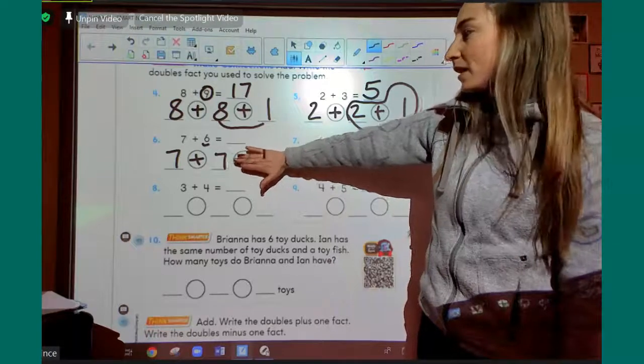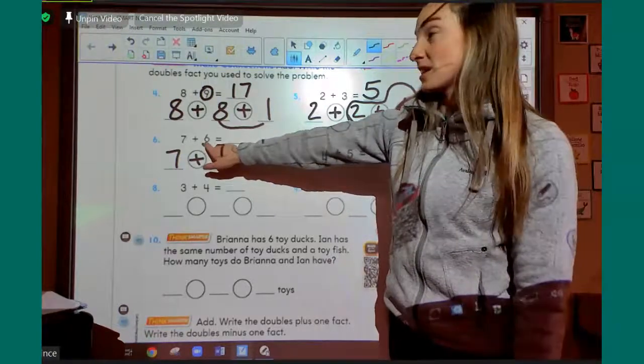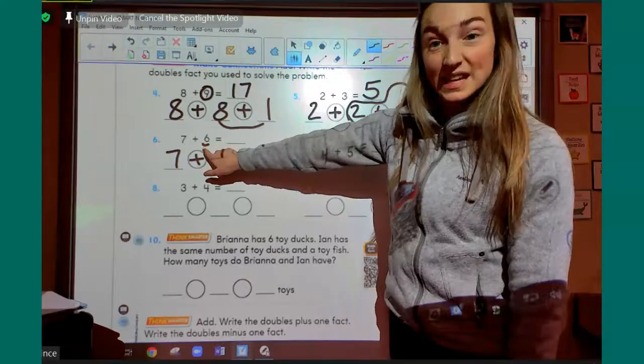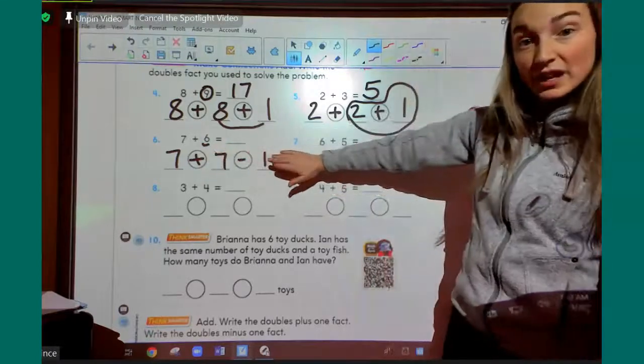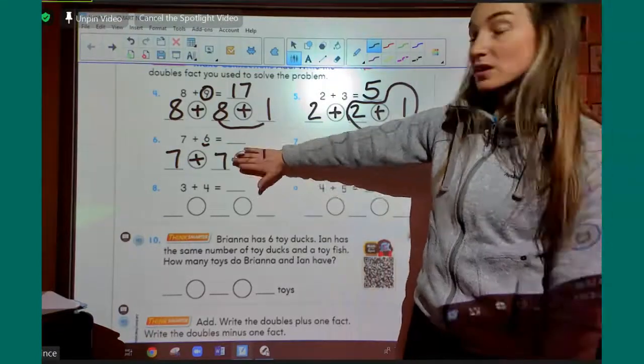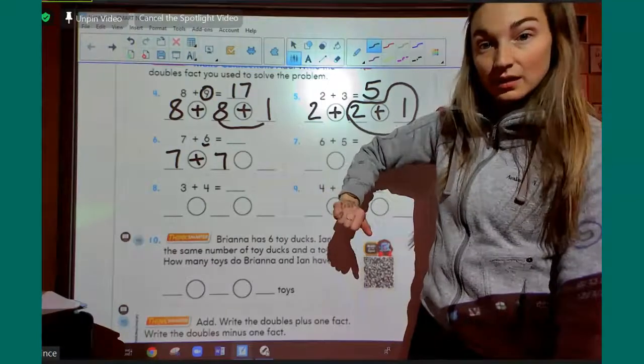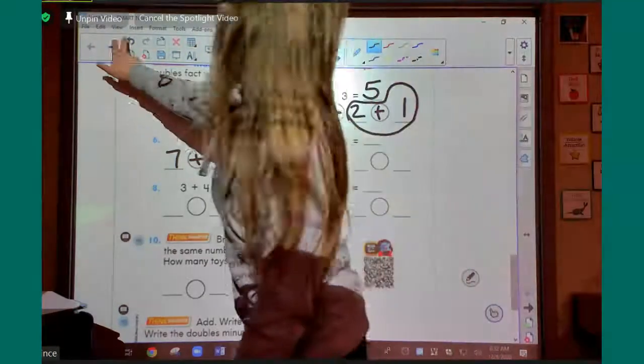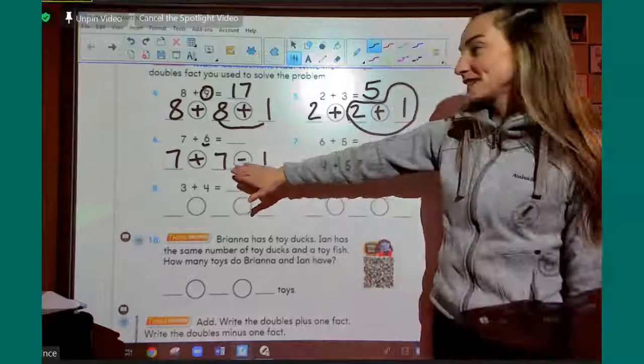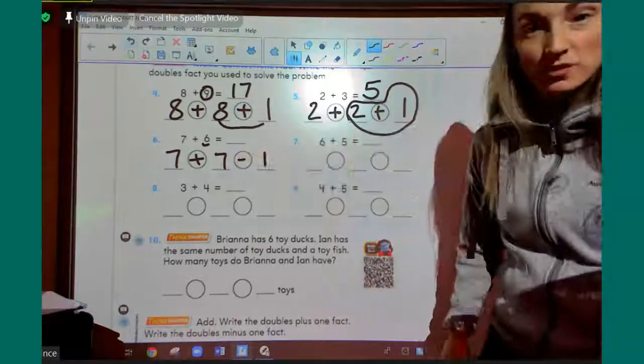And then, but we don't want to do 7 plus 7. We want to do 7 plus 6. So we have to get rid of 1. So if we're at 14, oops. If we are at 14 and then we take away 1 of those, what do we get to?